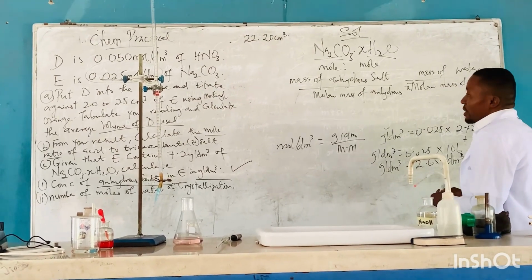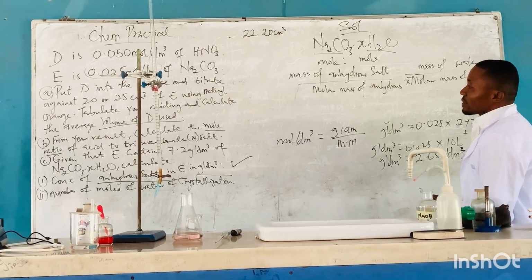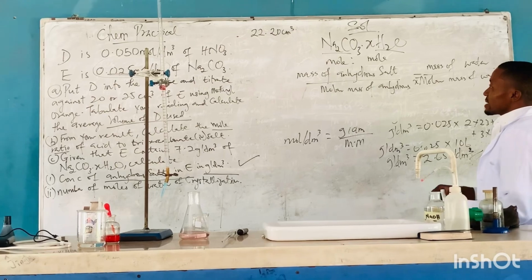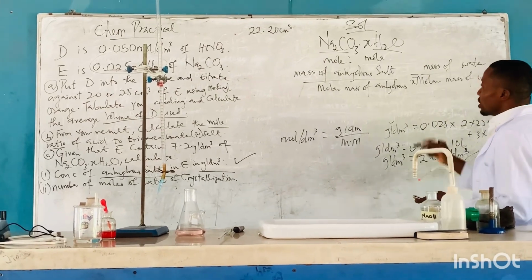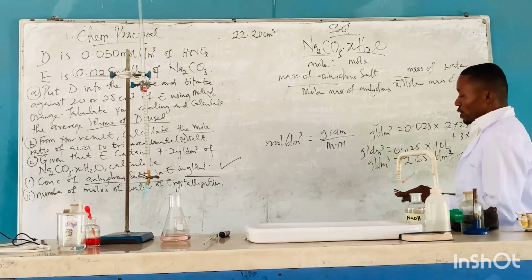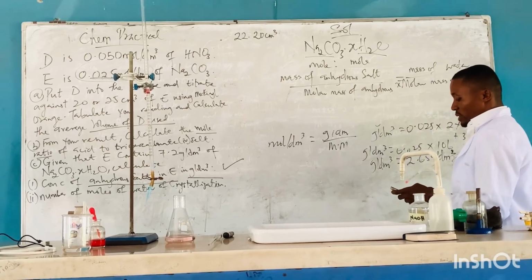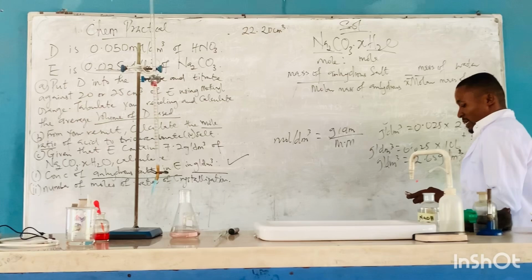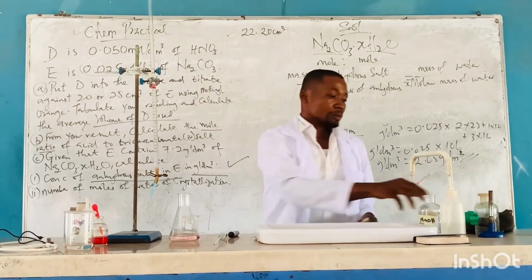Okay? Now, first thing we need to do here, we need to calculate. That means for us to solve this question, we will need the mass of anhydrous salt, the molar mass of the anhydrous salt, we also need the mass of water, then we also need the molar mass of water. Okay? Now that's very easy.